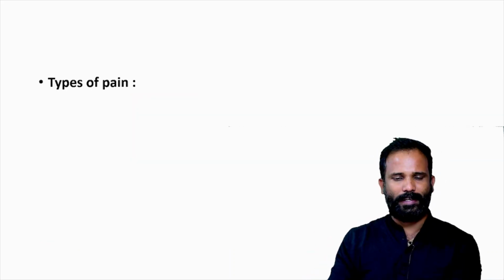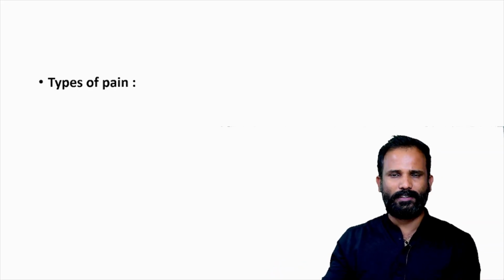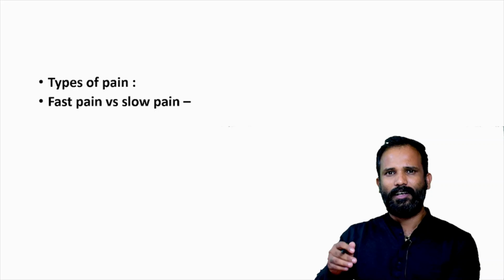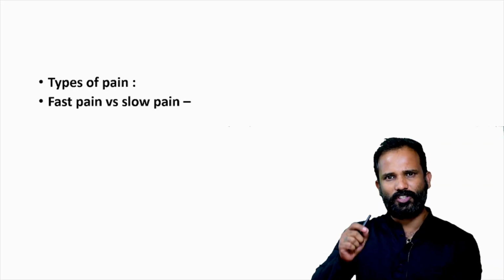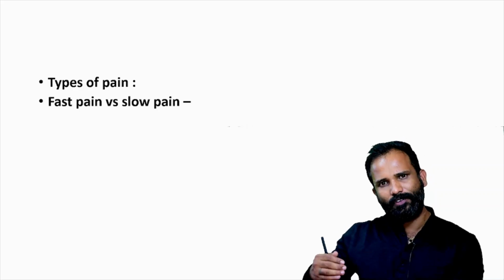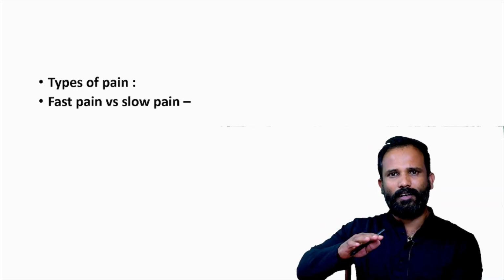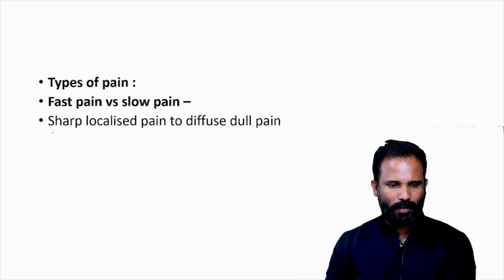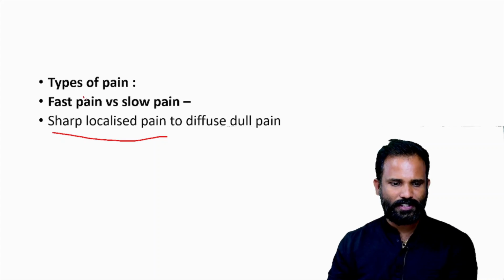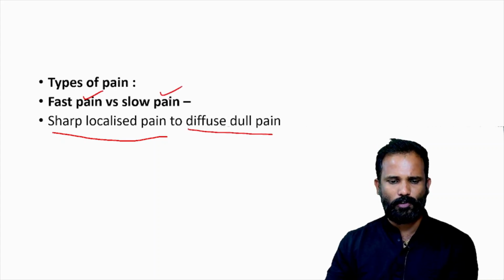And coming to the different types of pain, we can say that there is fast pain versus slow pain. Any pain immediately after the injury is fast, sharp and localized. After a few minutes, it becomes diffuse and dull and is not such a localized thing. So sharp localized pain immediately after the injury is called fast pain, and diffuse dull pain is called slow pain.